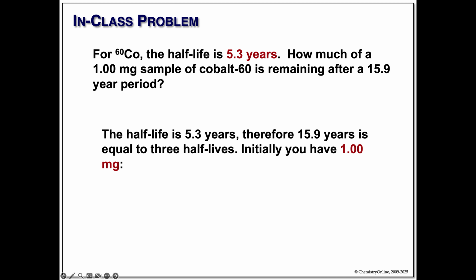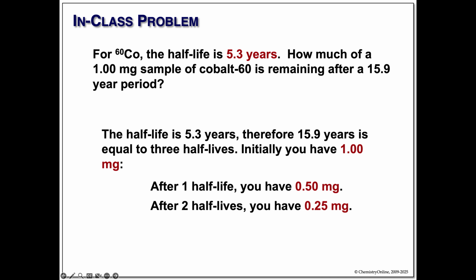Half-life 5.3 years, 15.9 is 3 of those. So initially we had 1 milligram. After 5.3 years, we'd have half a milligram. Another 5.3, we'd have 0.25. And then finally, after 3, 0.13 milligrams. Okay.